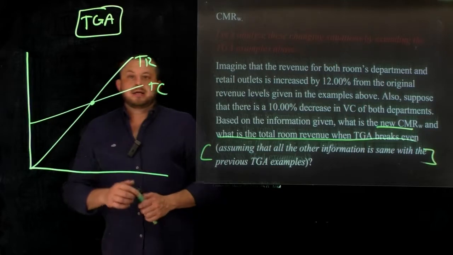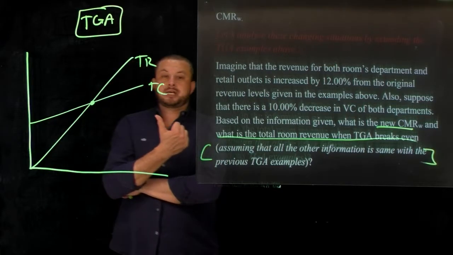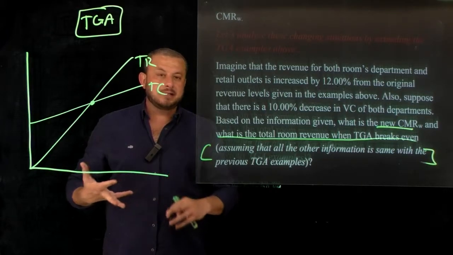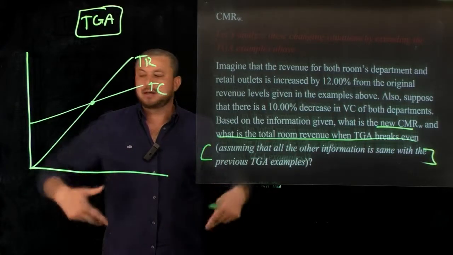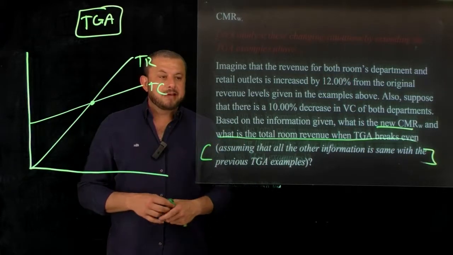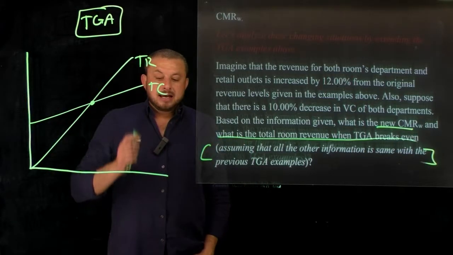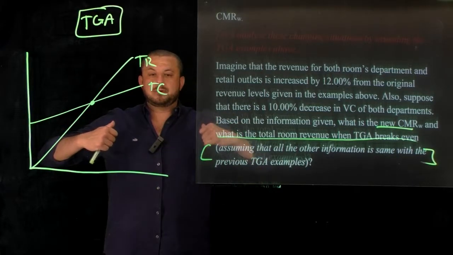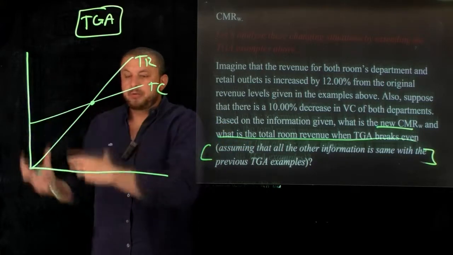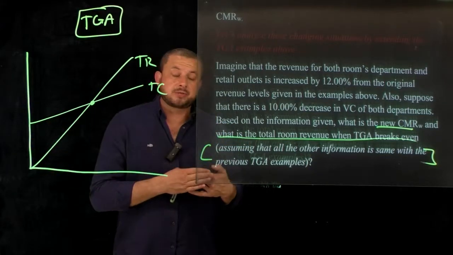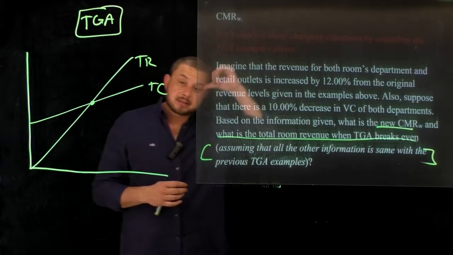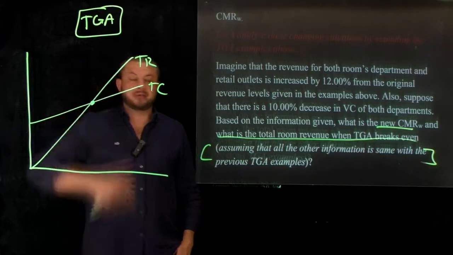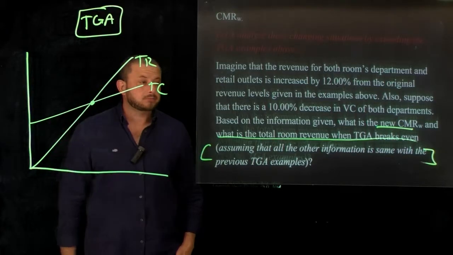Guys, here's the other thing. Whenever we have changes, whenever we have different values in revenues, in VC, in fixed cost, in anything, ADR, occupancy percentage, of course, we have to find a new CMRW because the previous CMRW belongs to the operations before the changes, but there are changes right now, so we have to recalculate the CMRW whenever we have a change in any of the cost, volume, or profit items, guys, okay, which is CVP.